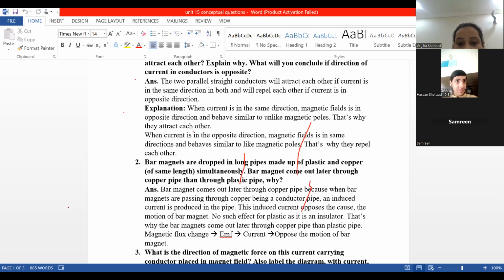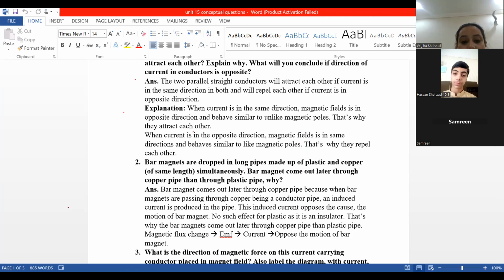So here I also draw a chart for you, simple, that if we induce the current when the magnetic field is produced around any conductor, this magnetic field is the reason to generate a magnetic flux.